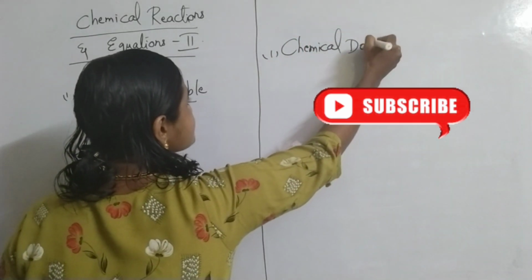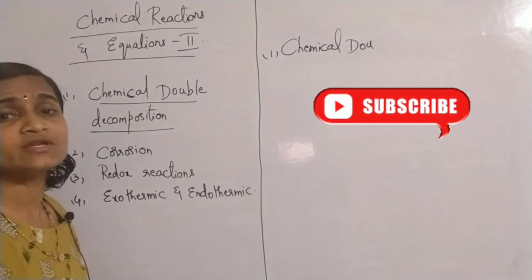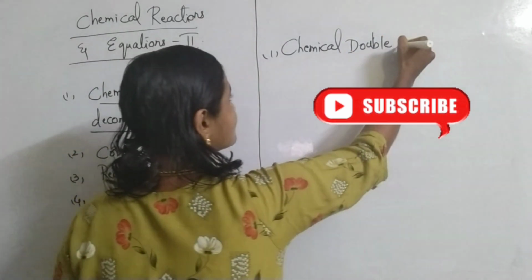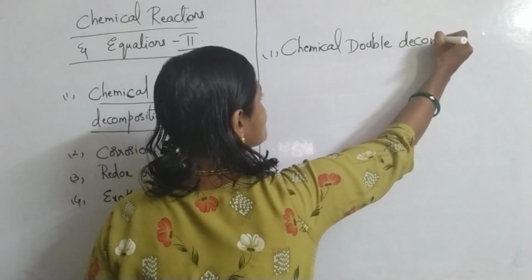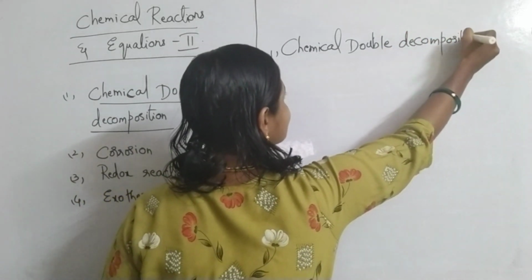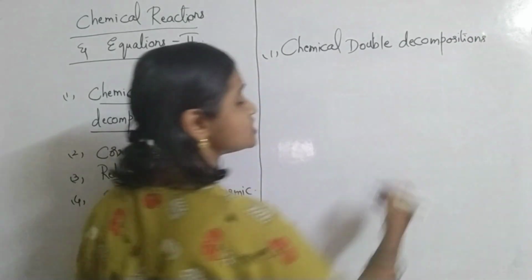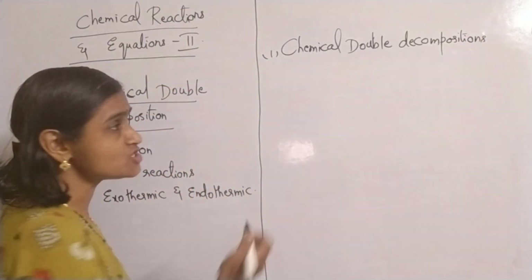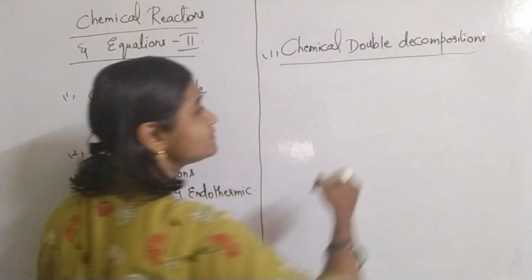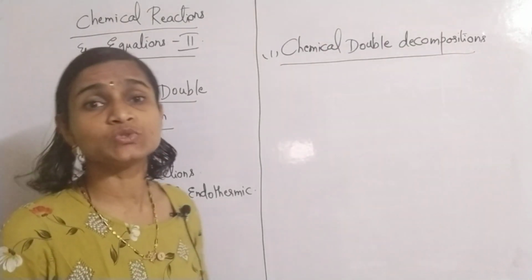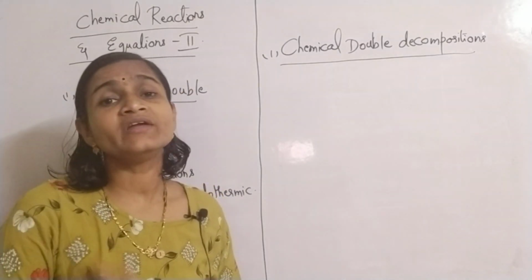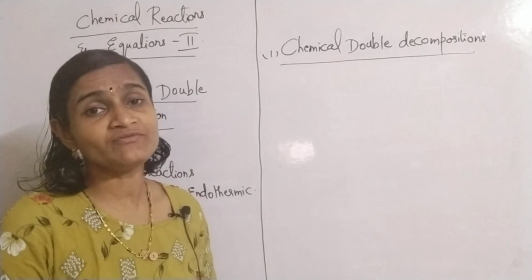In chemical double decomposition reactions, mutual exchange of radicals takes place. Mutual exchange of radicals means ions get exchanged. The ions are interchanged with each other, so that splitting of a compound takes place two times, and we get two different newly formed compounds.